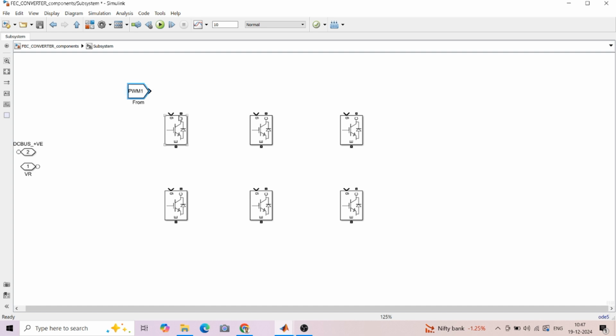Before placing the PWM, we will connect this part. The negative points will be connected over here, and internally they will be connected. Okay, so this is done.